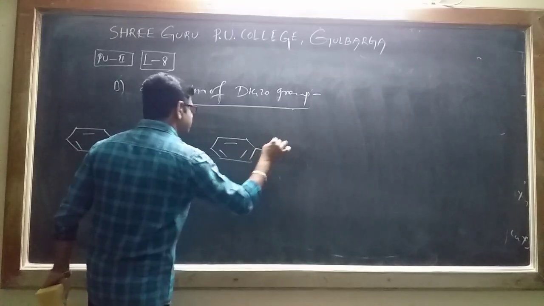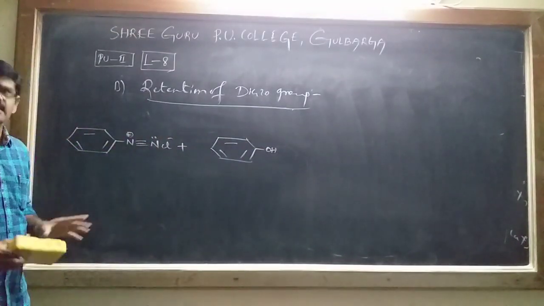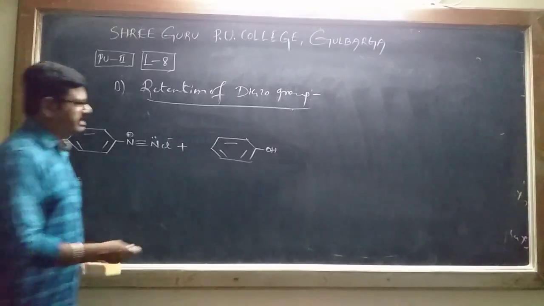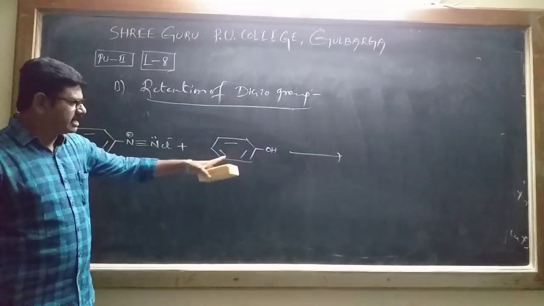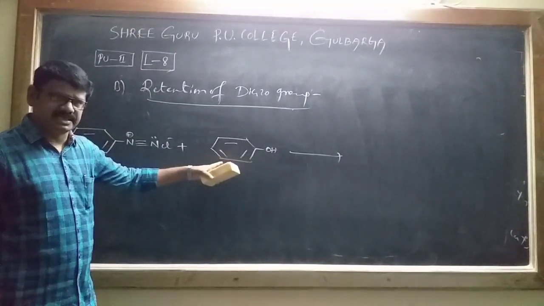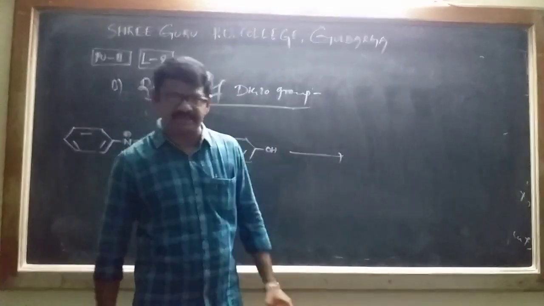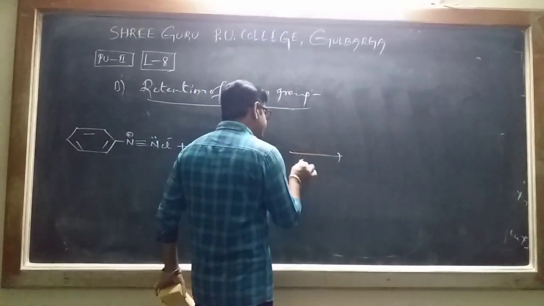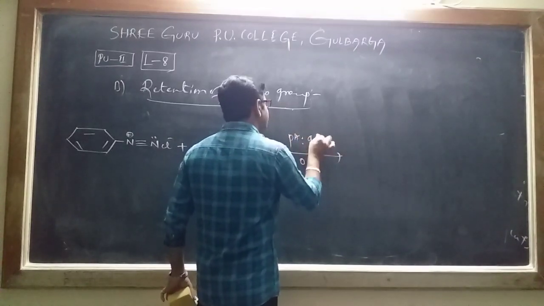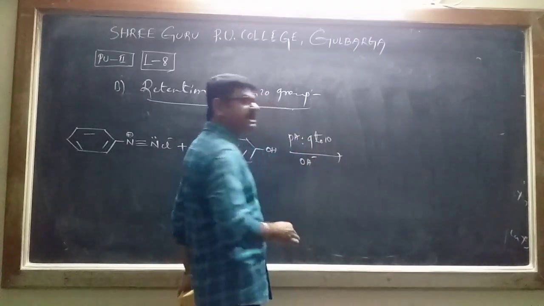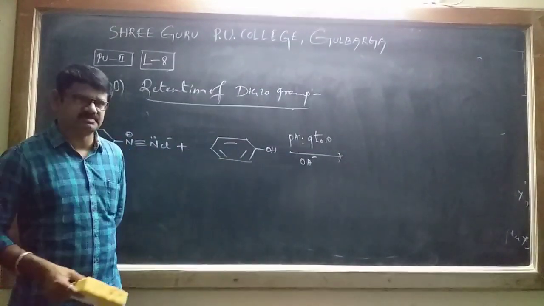Let's see what happens. Already you know phenol is acidic in nature. Being acidic, the reaction takes place in the presence of base. That's why the pH range is nearly 9 to 10, because the reaction is taking place in the presence of base.